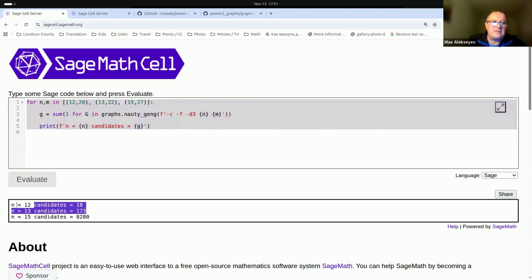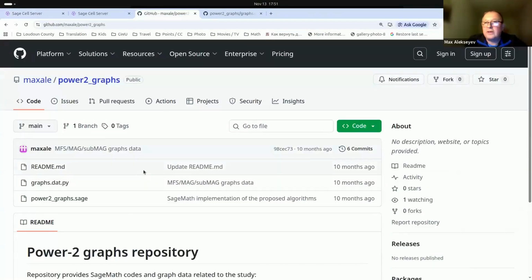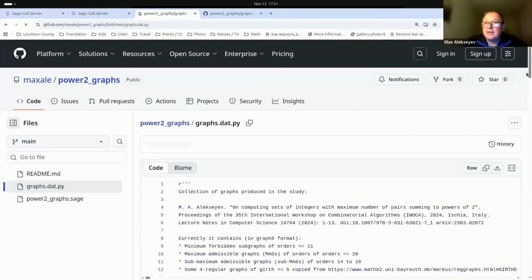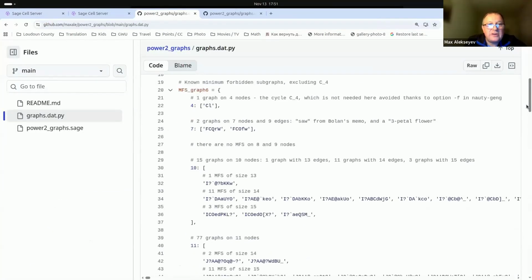Result is highlighted here. For n, we have this many candidates. And then I have my code posted on GitHub. So this is a GitHub in which we have Sage math codes as well as graph data. So this graph data contains all these max, submax, and other kinds of related graphs.